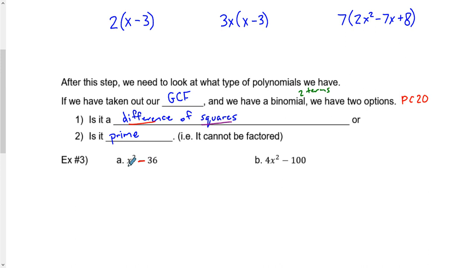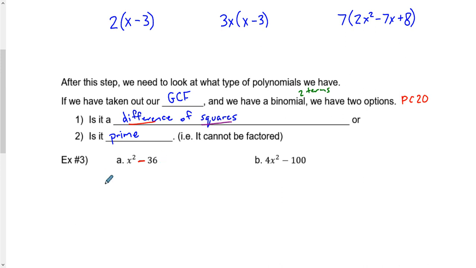We are taking an x squared and we are subtracting 36. So it's a difference. A square means, is this a perfect square? And is this a perfect square? X squared absolutely is, because it's x times x. 36 is also a perfect square because it's 6 times 6.